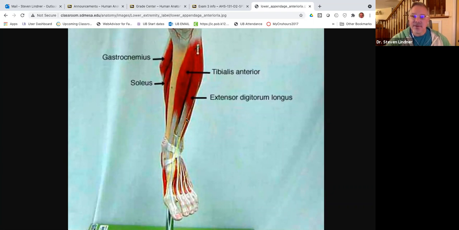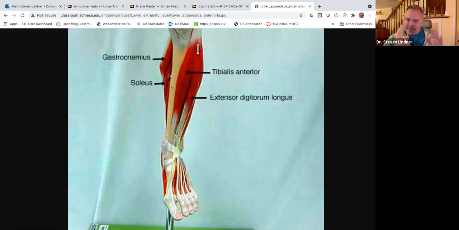Anything that's in the front of the leg that crosses the foot and goes to the toes can extend the toes upward. So that's called toe extension, and when the toes curl down, that is toe flexion. Toe extension, toe flexion.